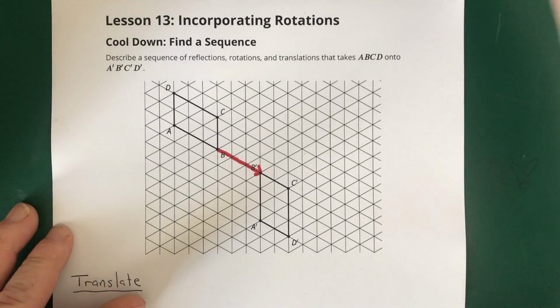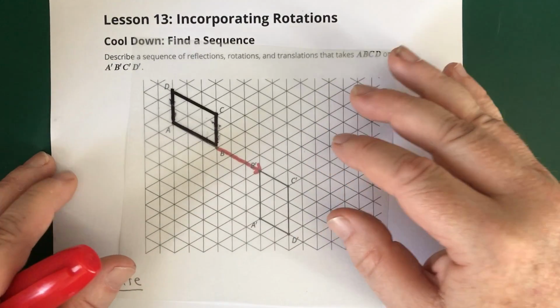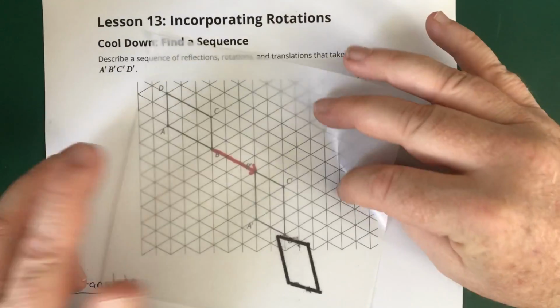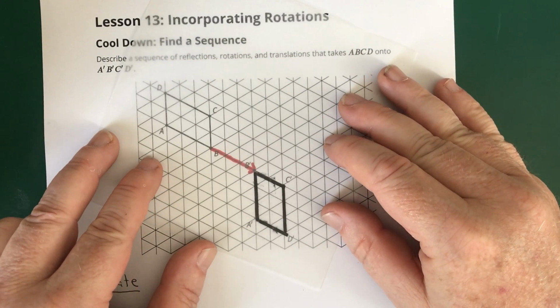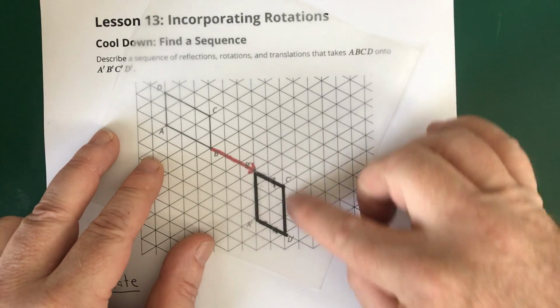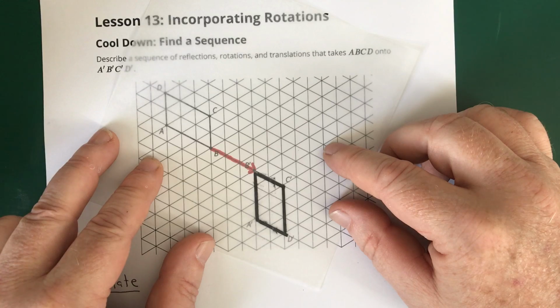So what we want to do is take this shape which I've traced and move it to this image down here using rigid transformations, and by doing that and seeing that it exactly fits, we prove that they are congruent.